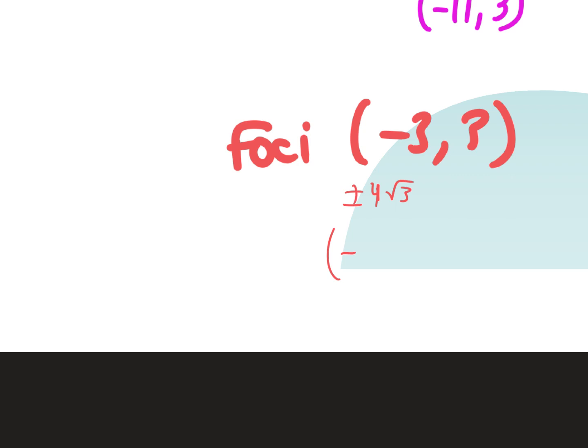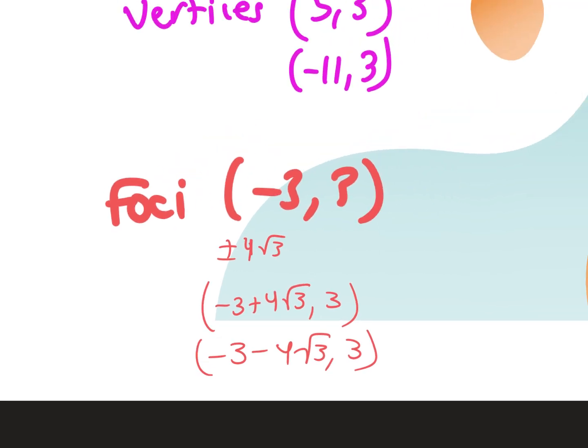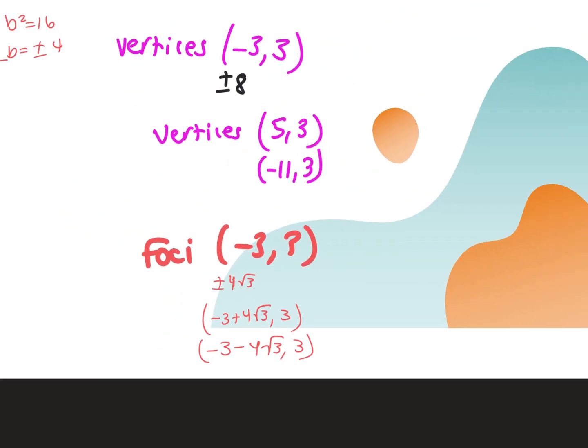So I'm just going to write negative 3 plus 4 root 3, comma 3, and negative 3 minus 4 root 3, comma 3. That's totally fine, as long as you're showing me that you're adding and subtracting to the correct value, the x or the y.